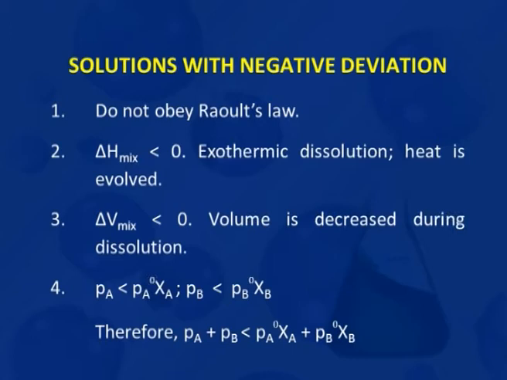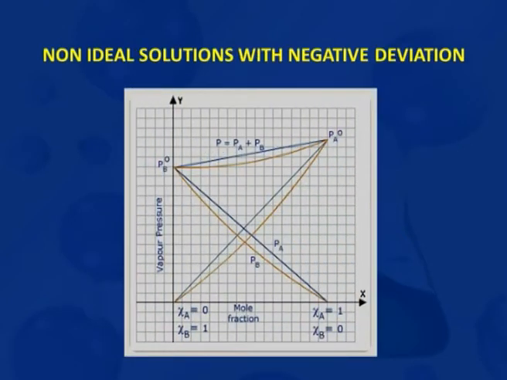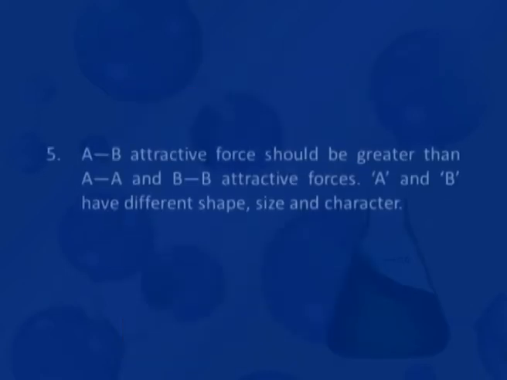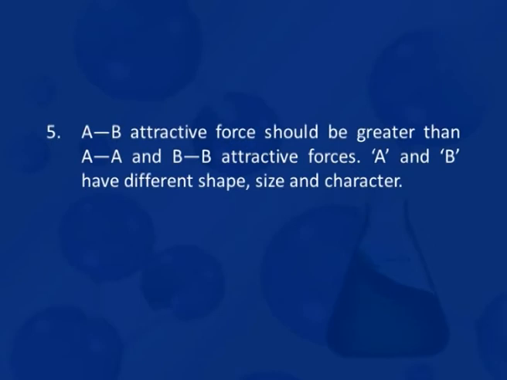You can see all these things in the graph. Here Pa is less than P naught A x A, Pb is less than P naught B x B, and Pa plus Pb is less than P naught A x A plus P naught B x B. Solute-solvent attractive forces should be greater than solute-solute and solvent-solvent attractive forces, and solute and solvent have different shape, size and character.